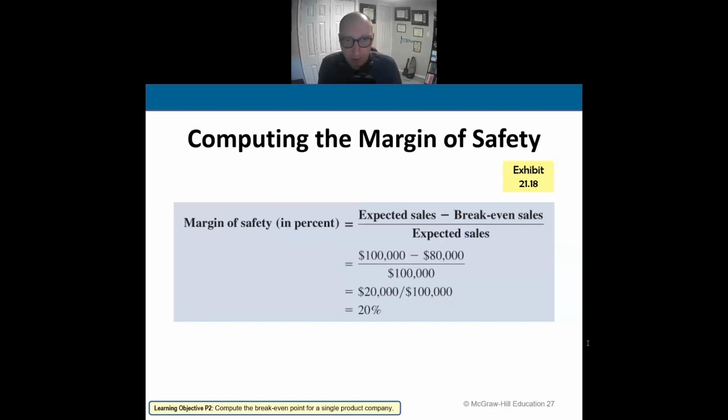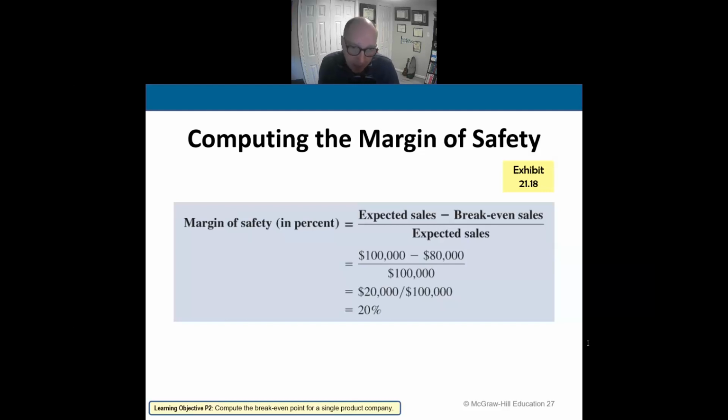So here's how it works. I take the expected sales, that's how much I expect to sell, minus my break-even sales, the point of break-even in terms of sales dollars. So expected sales, $100,000, minus break-even sales dollars, $80,000, divided by expected sales, $100,000.